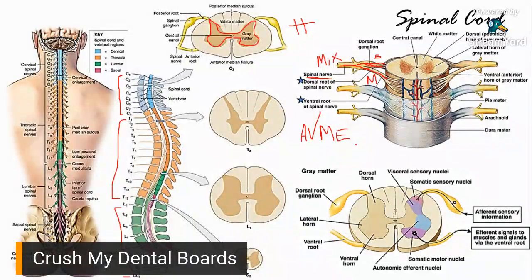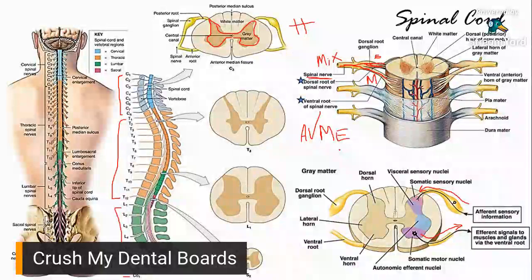So sensory afferent, meaning the sensory nerves would actually bring the information towards the central nervous system. Okay? Sensory afferent, towards the central nervous system. Motor efferent, away from the central nervous system to what? To the organs, to the muscles, to the glands. Okay? So, anterior horn, ventral horn, motor efferent.